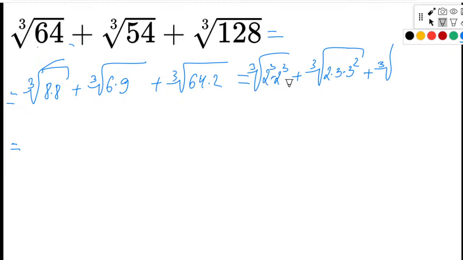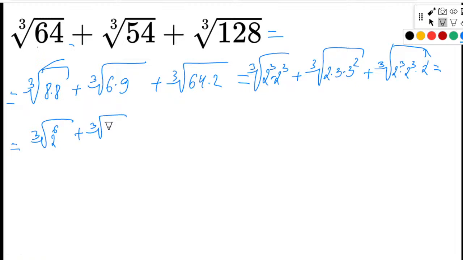64. As we say, it's this, so it's 2 to the power of 3, and this would equal to 3, so it's 6 plus 3.